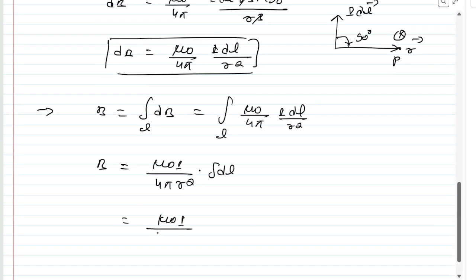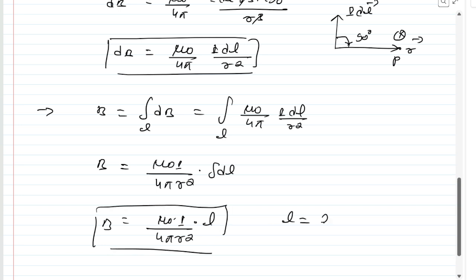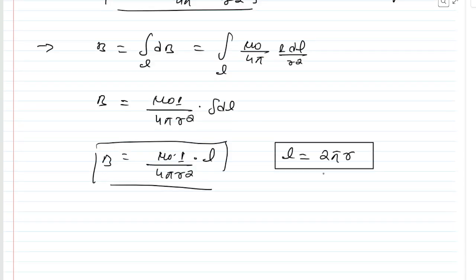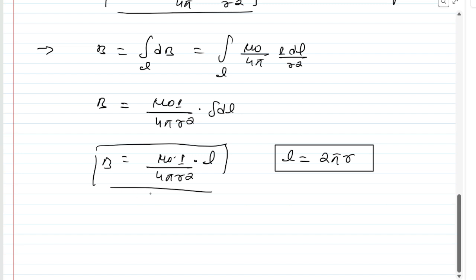So mu naught I by 4 pi r square, and the integration of dl will be L. And L will be equal to 2 pi r, that is the circumference of the circular loop. The total length will be equal to 2 pi r only.